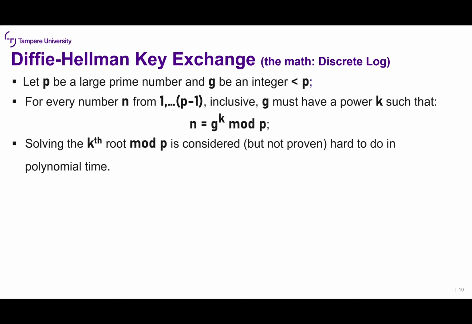So let P be a large prime number and G be an integer which is smaller than P. Now for every number n from 1 till P minus 1, G must have a power k such that n equals G to the power of k mod P. Now solving the kth root mod P is considered, but not yet proven, hard to do in polynomial time. Right?